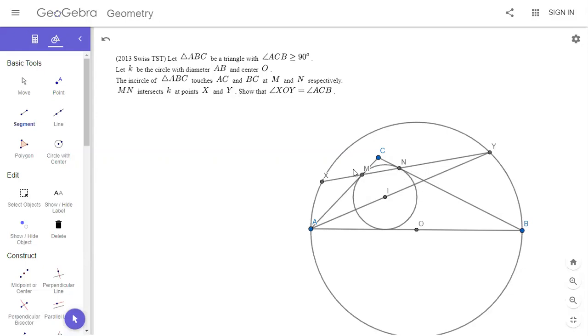So basically, if we hide the circle, you're saying the intersection of AI and MN is at a point perpendicular to AY. Let's see. So that's Iran lemma.